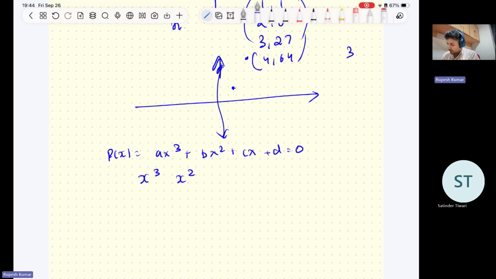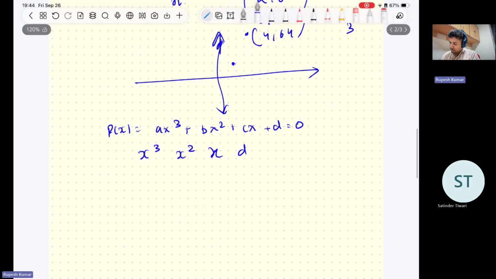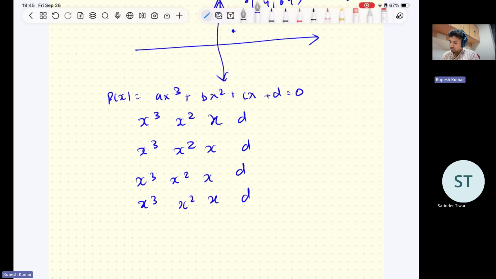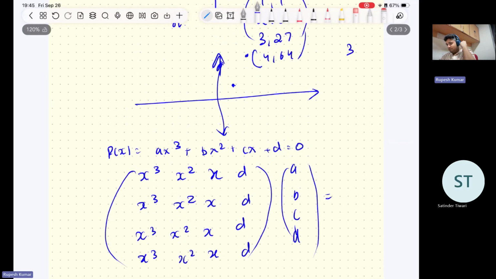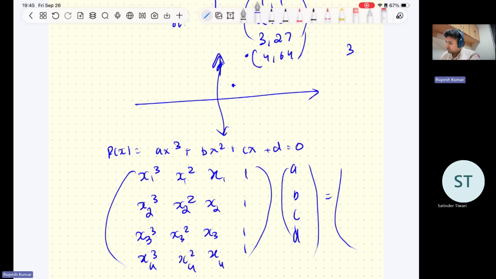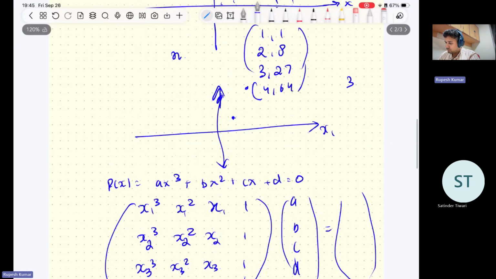Now I can write this as a row of x cubed, x squared, x, and 1, repeated for each point, multiplied by the column a, b, c, d. The first row is a x1 cubed plus b x1 squared plus c x1 plus d. The last column is all 1s, with x1 equal to 1, x2 equal to 2, x3 equal to 3, and x4 equal to 4.